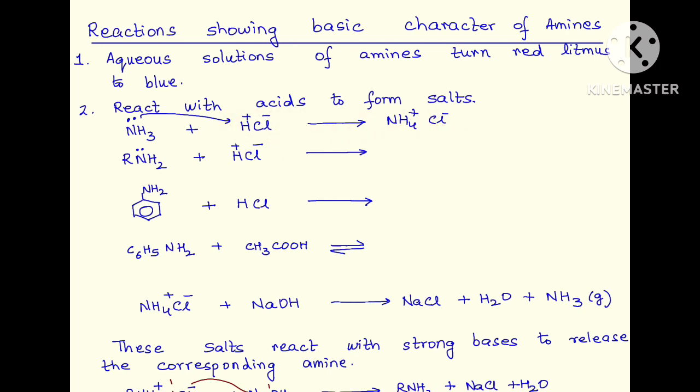Ammonia is basic in nature, reacts with HCl to form ammonium salt. Now apply the same logic over here. Nitrogen has a lone pair of electrons which it gives towards the proton. So the only difference is that instead of a hydrogen over here, there's an alkyl group. So you get RNH3 positive and Cl negative.